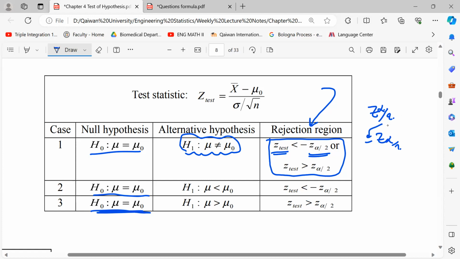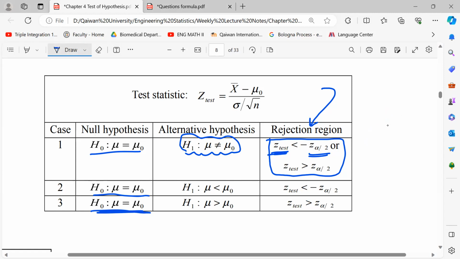You get it, okay? Then we say if ZTS is less than minus Z of alpha over 2, or if ZTS is greater than Z of alpha over 2, we reject H0. So H1 is accepted. We reject H0 and we accept H1.